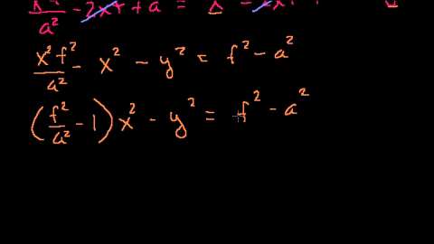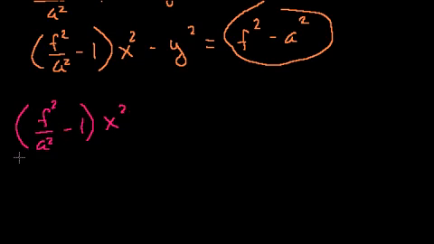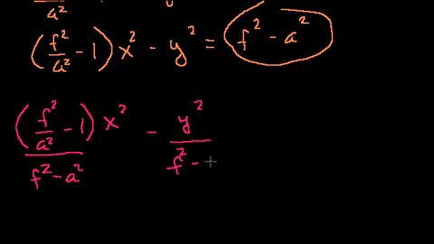And let's divide both sides of the equation by this expression right there. And we get, and this should start to look familiar, f squared over a squared minus 1 times x squared, divided by f squared minus a squared, minus y squared over f squared minus a squared, is equal to 1. Right? I divided both sides by this, so I just get a 1 on this right-hand side. Let's see if I can simplify this.